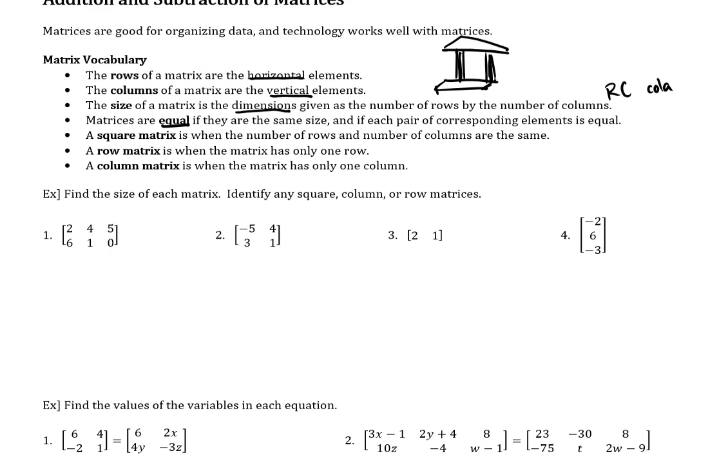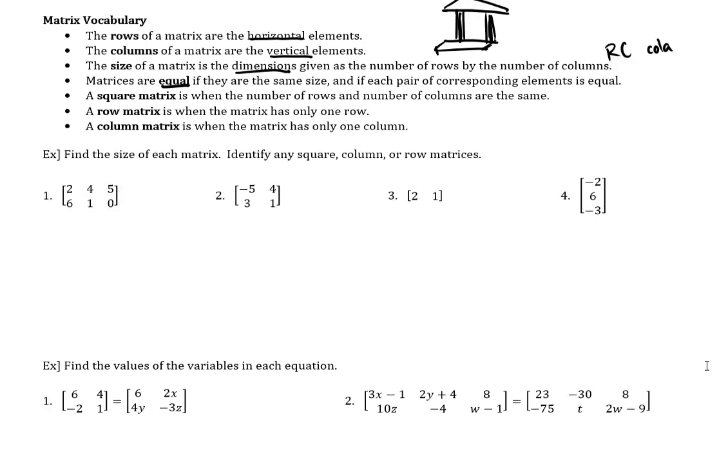So let's look at these four matrices down below, and matrices is the plural of matrix. Let's use some of this vocabulary to say what the sizes are and then note anything that's special about them. In this first matrix, it looks like we have 2 rows and 3 columns. So the size is a 2 by 3.